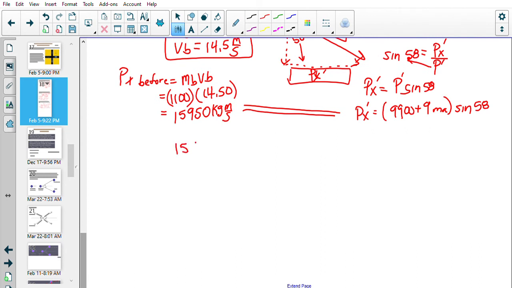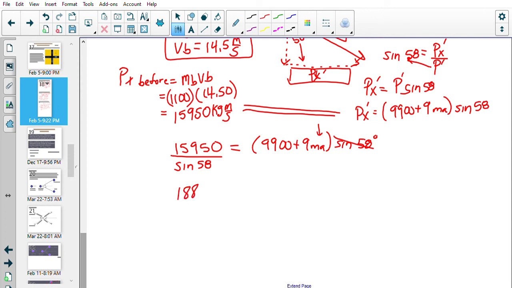So now we have an algebra equation to work out. 15,950 equals 9900 plus 9 ma times the sine of 58 degrees. Well, if we're trying to solve for ma, we'll take the sine 58 to the other side and divide. And if you take 15,950 divided by sine 58, you get like 18,808. That equals 9,900 plus 9 ma.